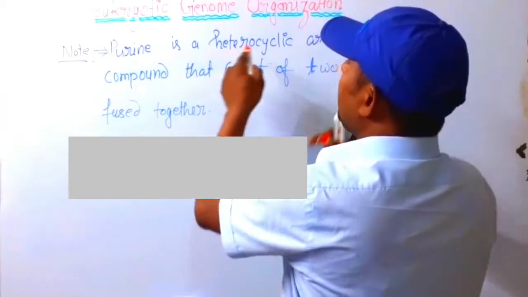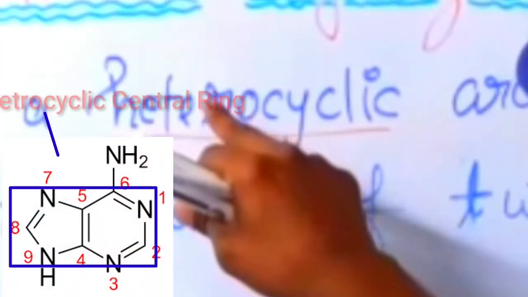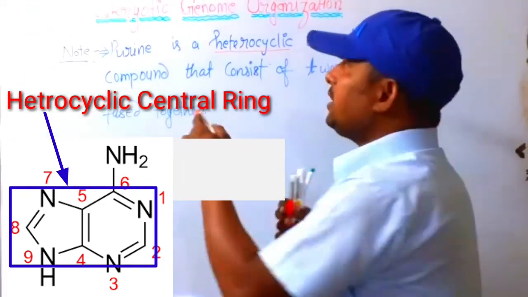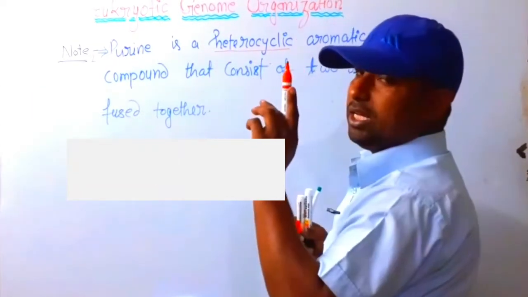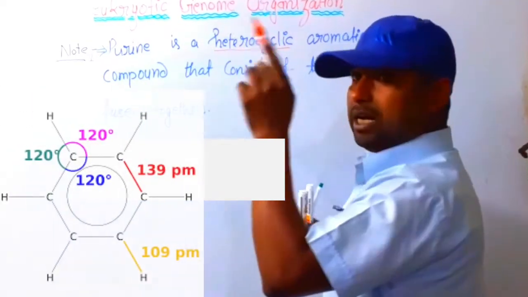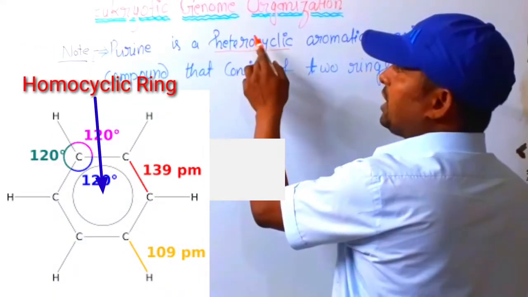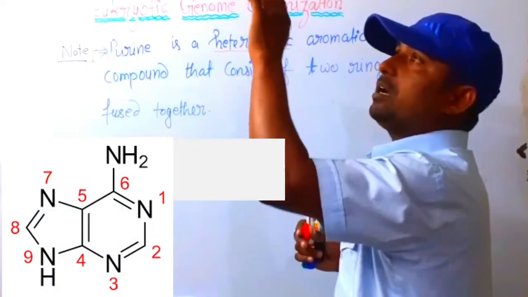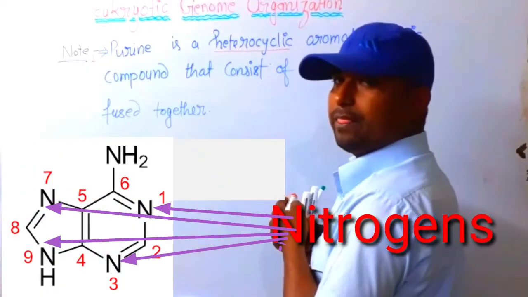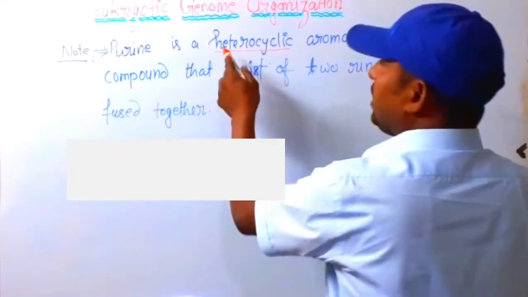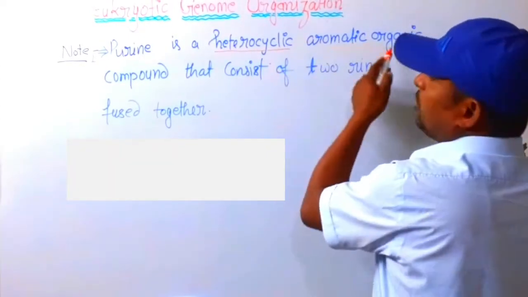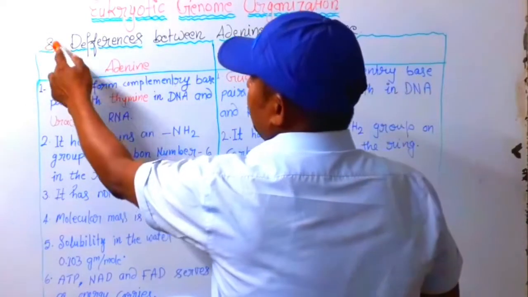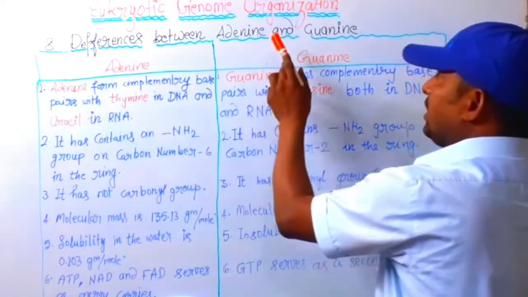The rings are heterocyclic because they contain carbon and nitrogen in the ring. A cycle with only carbon is known as homocyclic, while a carbon cycle that also has nitrogen is called heterocyclic. The aromatic part we will discuss later.